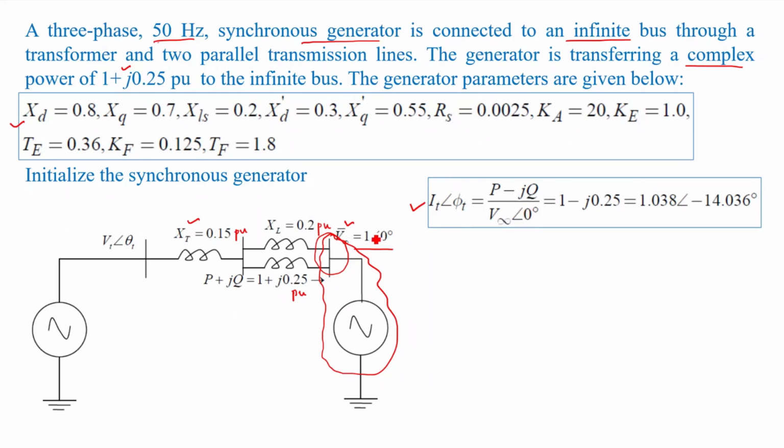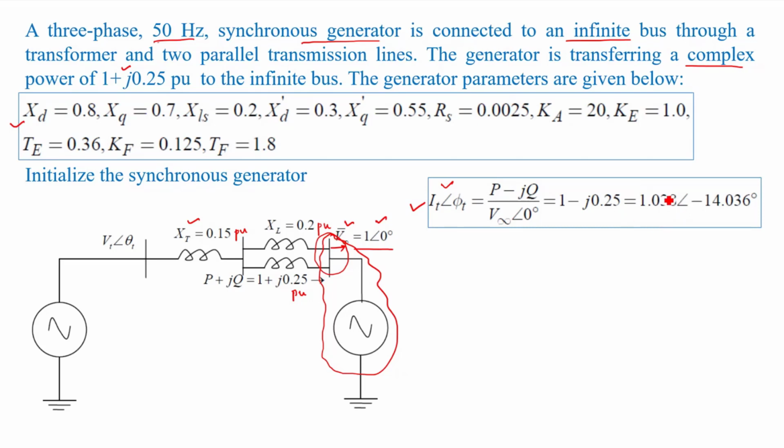V infinity conjugate remains the same because it is a reference bus having magnitude 1 and 0 degree, so the imaginary component is 0 here. Therefore, it is equal to 1 minus j 0.25. So the terminal current, the current injected into the infinite bus, is 1 minus j 0.25.